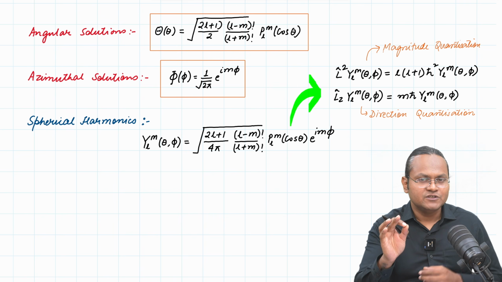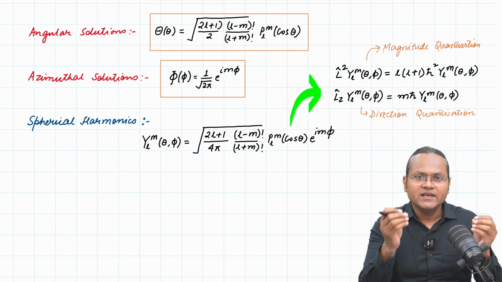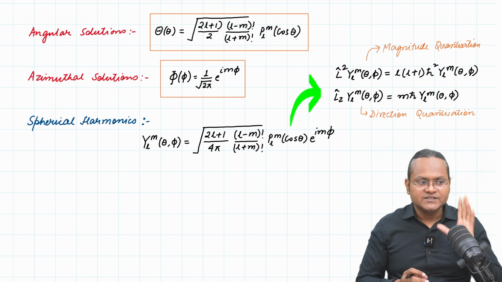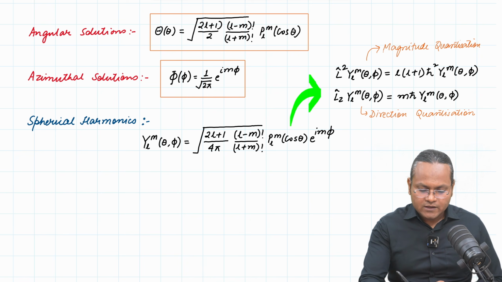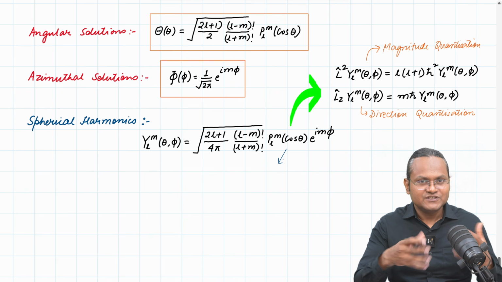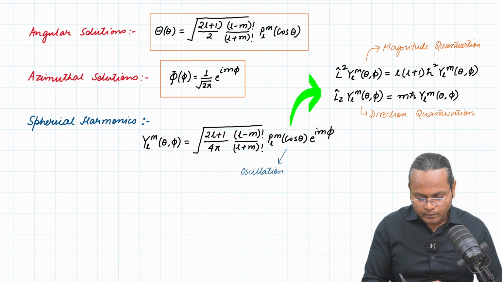You see, those peculiar orbital lobe-like structures arise due to the nature of these spherical harmonics. Let's take a moment to understand why. The theta solutions, which are these Legendre polynomials, we have seen how they look, right? They simply represent oscillations with respect to theta.